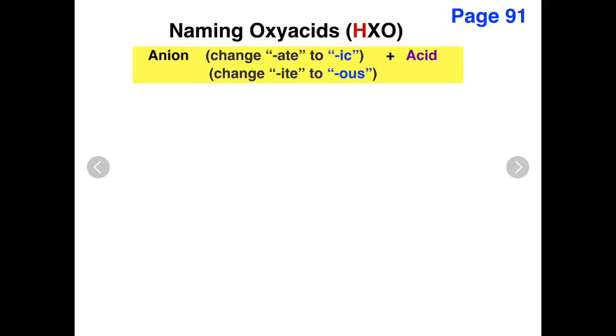You are going to use the name of these polyatomic ions, and it depends on what their name is. If the name ends with ate, then you have to change it to ic and then follow with acid. If their name ends with ite, then you're going to change it to ous and then end with acid as well. So what do I mean by that?